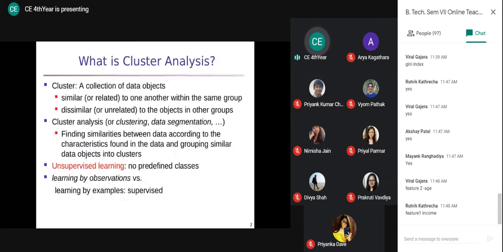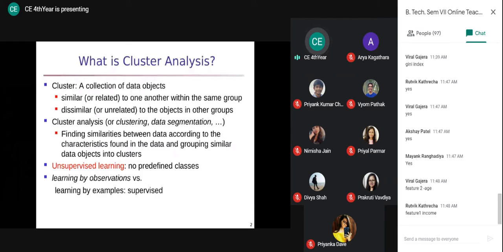That means within the group we need close connectivity, and if we have a separate group, we need maximum difference or maximum distance between the separate groups. That's the ideal aim of a clustering algorithm. If you are able to find any such clusters, that's the aim of any clustering algorithm, right?